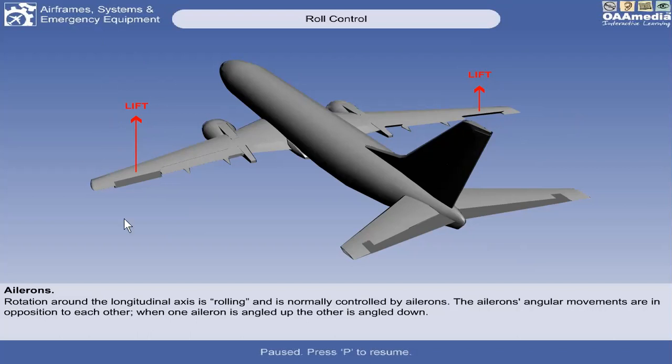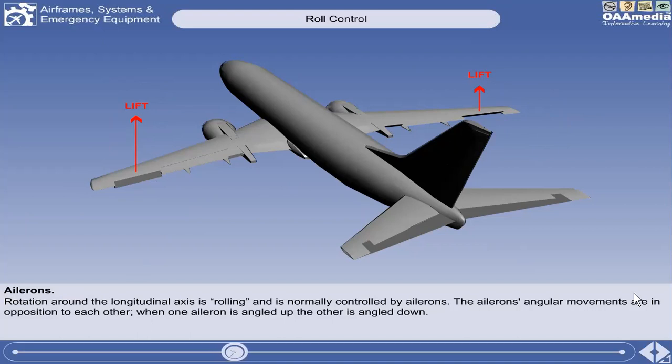Since mas mataas yung lift na napoproduce dito because of the downward deflection of the aileron compared dito sa right wing mo, therefore, it will roll clockwise, no? It will bank to the right because of the unequal values of lift in both sides of the wing.